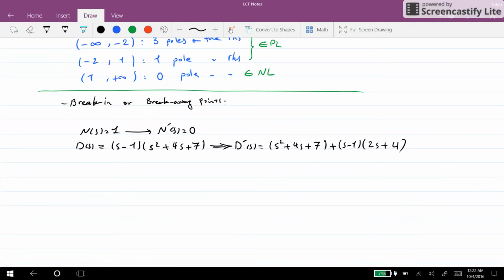So we will have n prime d minus d prime n equal to 0. N prime is already 0, so we will have only minus d prime times n, and since n is equal to 1, we will have only d prime. Minus d prime equal to 0, or indeed d prime equal to 0.